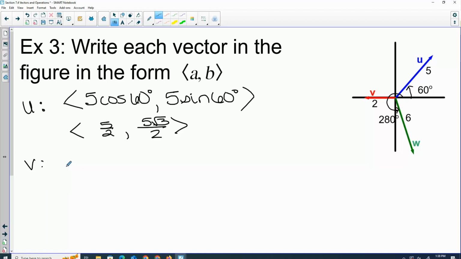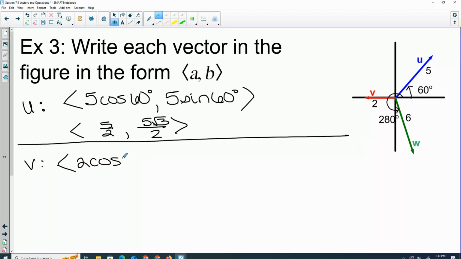Okay, if I want vector v, the magnitude is 2. Cosine, what is the angle for v? That's w is 280.